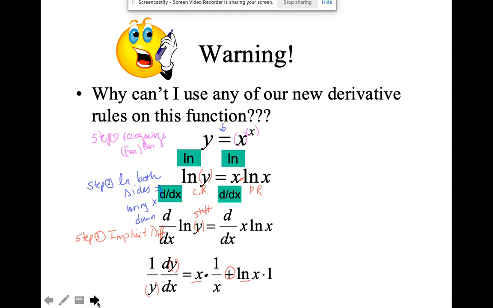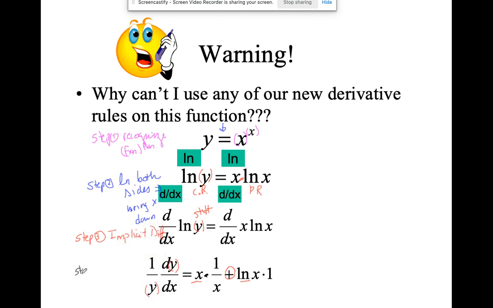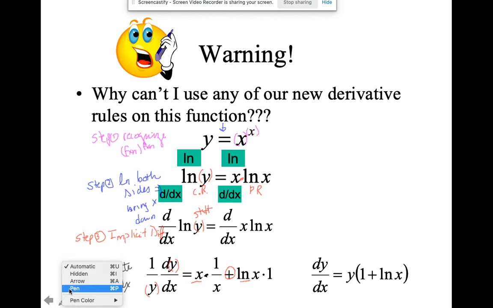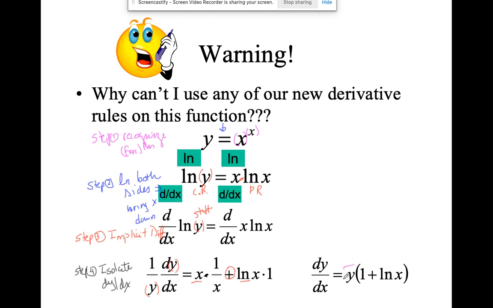What do I have to do now? Get dy/dx by itself. Usually with implicit, you can stop here. But look back at step 1.